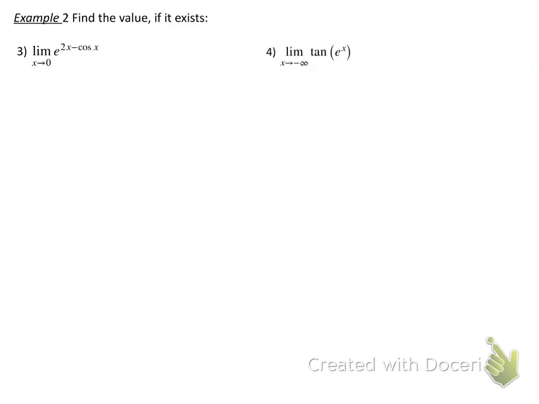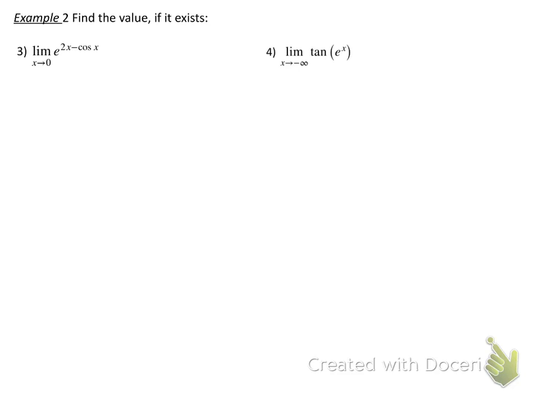Keep going. Third example, the limit of e to the 2x minus cosine x as x approaches 0. So this is an exponential function composed with a 2x polynomial, and subtracting cosine, which is trigonometry.